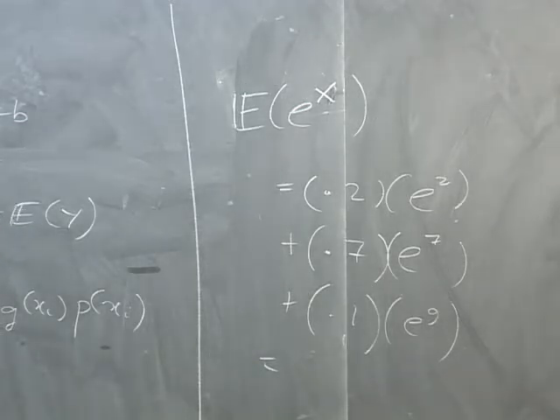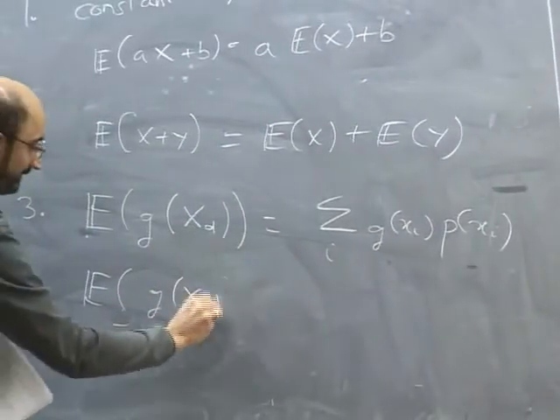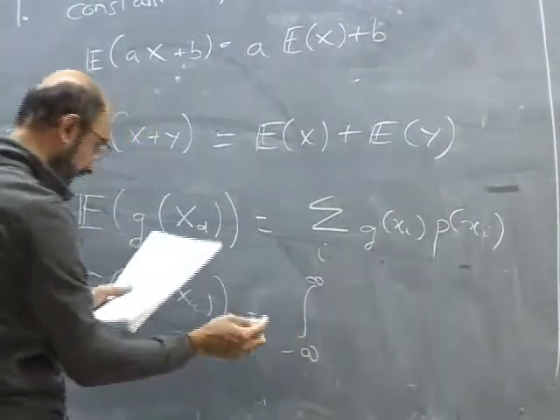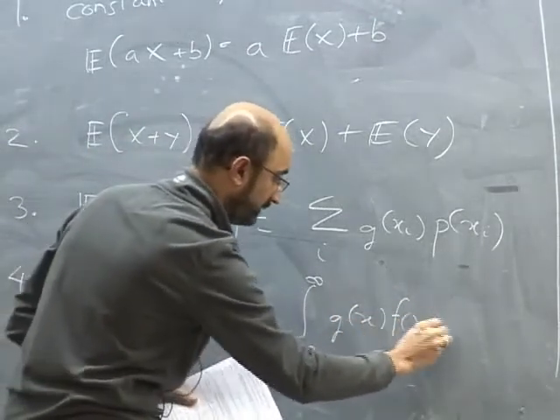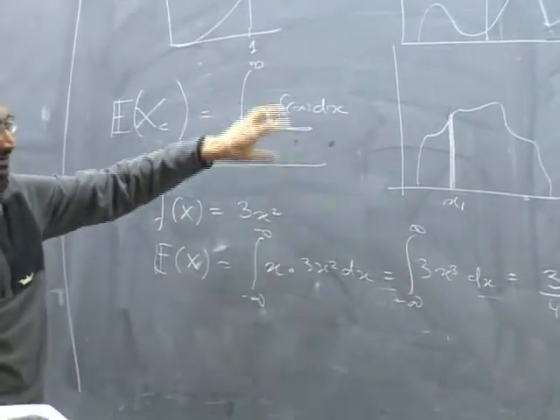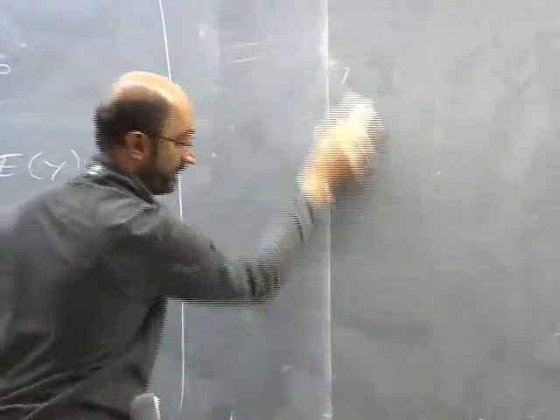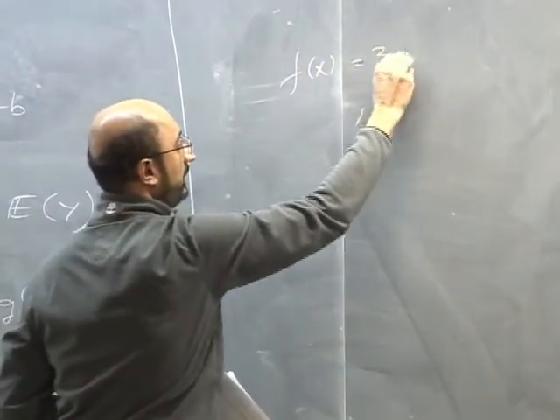In the continuous case, we're going to say that the expected value of g of X, where X is a continuous random variable, is going to be the integral from minus infinity to infinity of g of x times f of x dx. Again, intuitively, with the expectation, we have x f of x dx, and we're going to replace x by g of x. So if we take some continuous random variable, in the homework, for example, we had f of x equal to 3x squared.